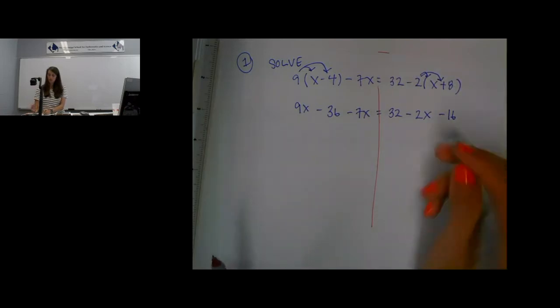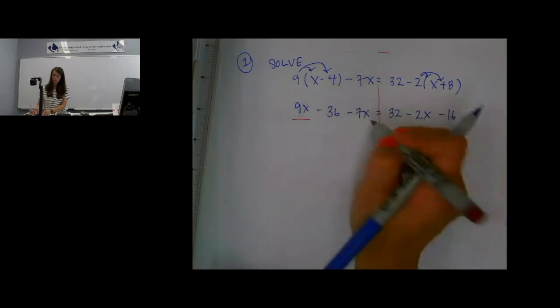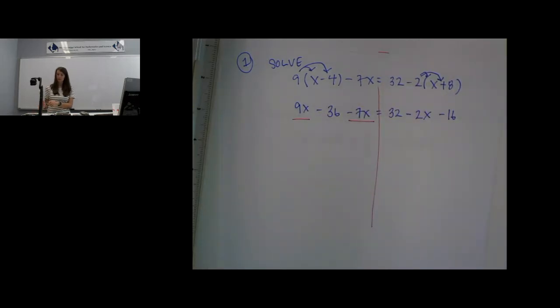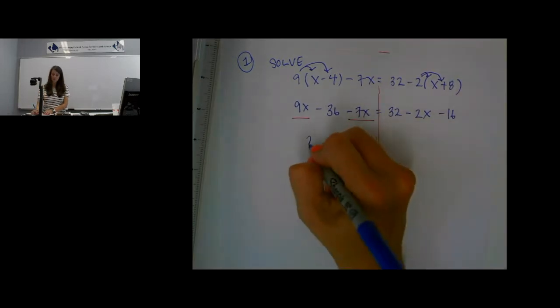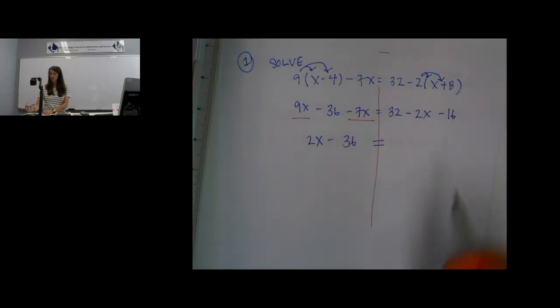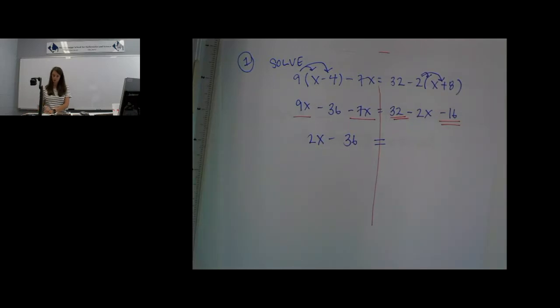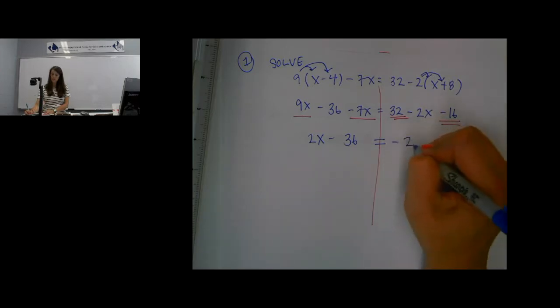So now I need to combine like terms on the same side of the equation. So 9x minus 7x. So I'm going to do those operations there. So 9 minus 7 is 2x minus 36. And then on the other side, I've got 32 minus 16. So I am going to combine those two. So 32 minus 16 is going to be a positive 16.